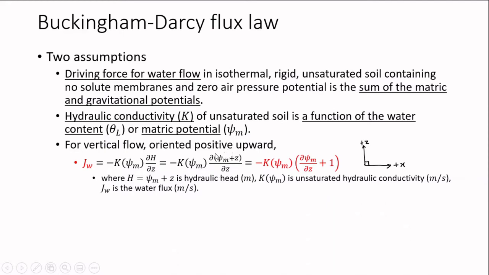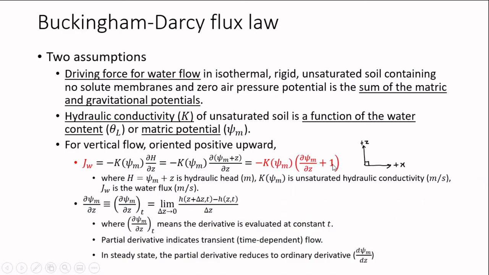So now the H becomes matric suction plus Z, the elevation. So if you take the derivative of these separate variables, you will get delta psi M over delta Z plus 1, because derivative of Z over Z is actually 1, right? And this derivative is a function of time and also spatial.